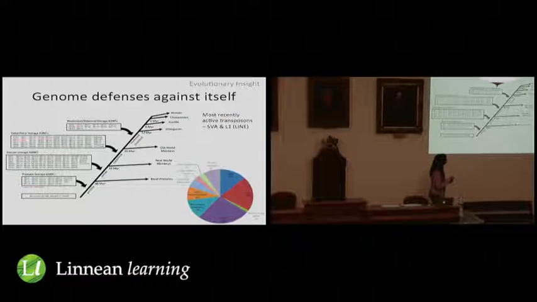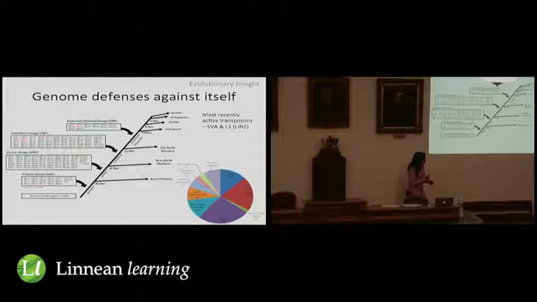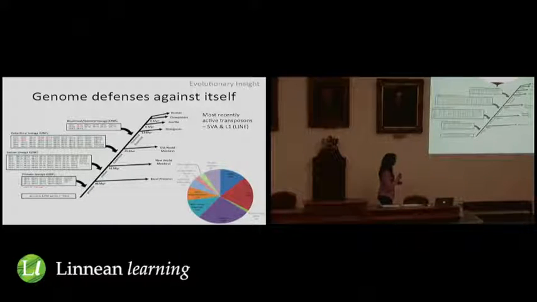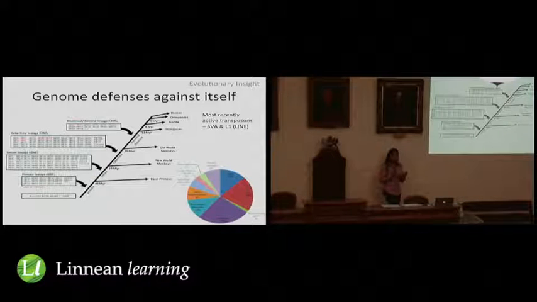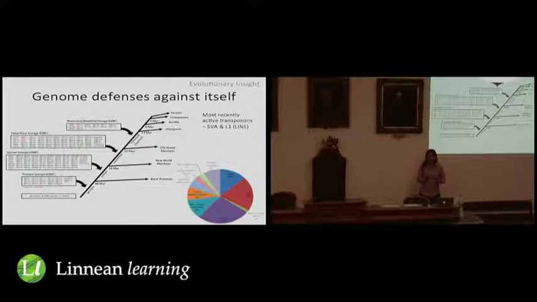The most recently active transposons are two called SVA and L1. They're present in humans, and taking two of these specific zinc finger genes, researchers have tested this by inserting them into a mouse cell and seeing what happens.